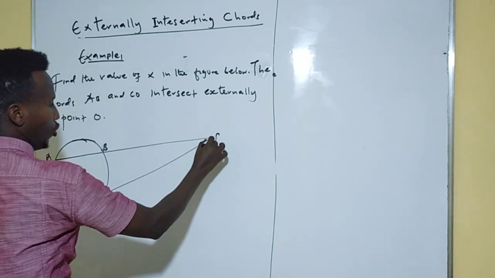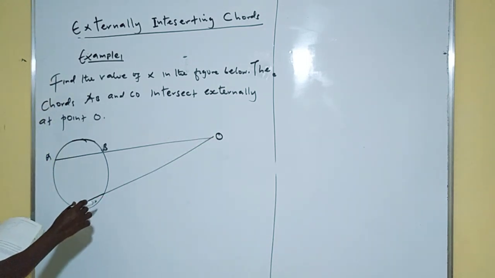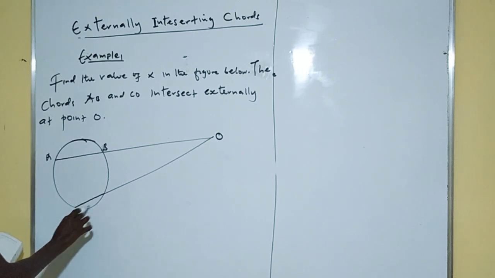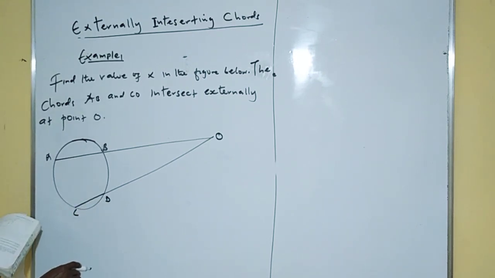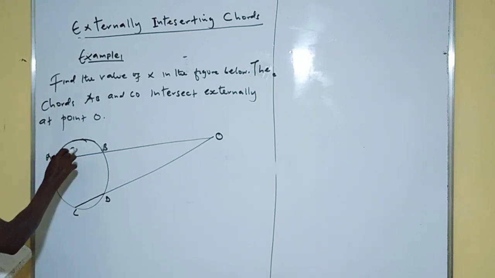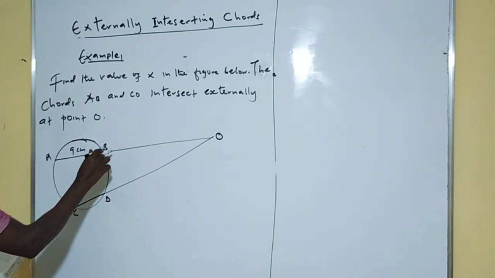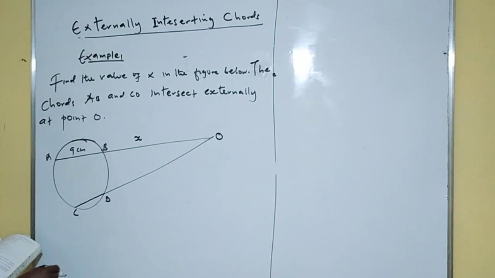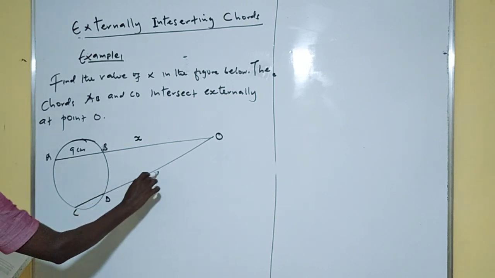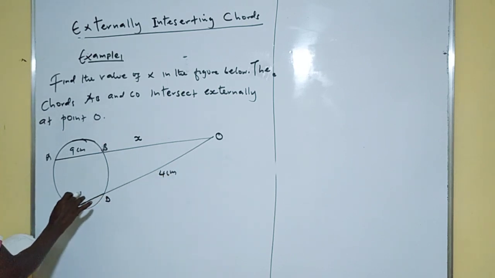Then this is O. Then we have CD. So you're told, look here. In the drawing we have 9 centimeters. This point outside is X. Then here we have 4. Then inside here we have 5 centimeters.